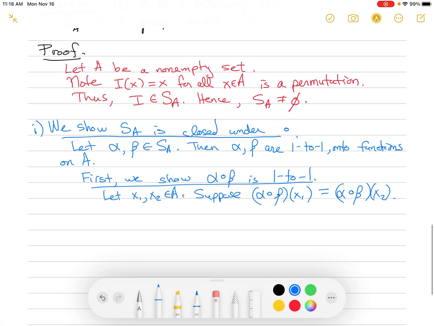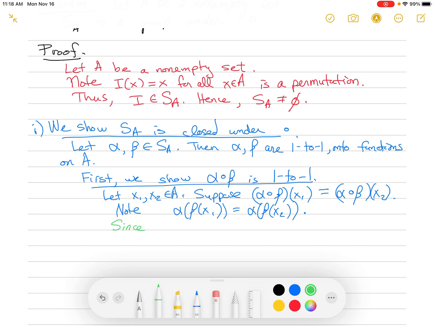We're trying to show one-to-oneness. So we're going to let the functions be equal. We want to show that x1 equals x2 here. So let's note alpha of beta of x1. That's how you define alpha composed with beta of x1: alpha of beta of x1 equals alpha of beta of x2. That's how functional composition is defined.